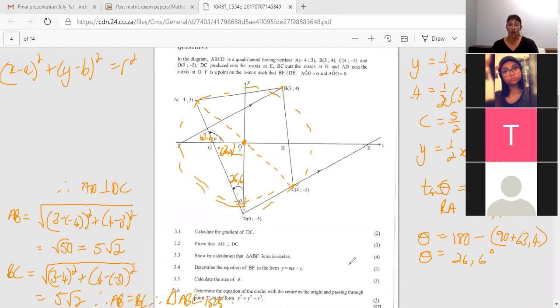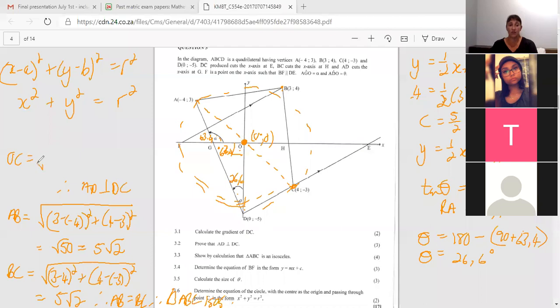They said that it goes through the origin. Oh, sorry. Yes, the center is the origin. Origin means the center is (0, 0). So x squared plus y squared equals r squared. And the r is your radius, so it's the distance from there to there, right? And you have that, that is (0, 0), and that's (4, minus 3). So you can find the length of OC.